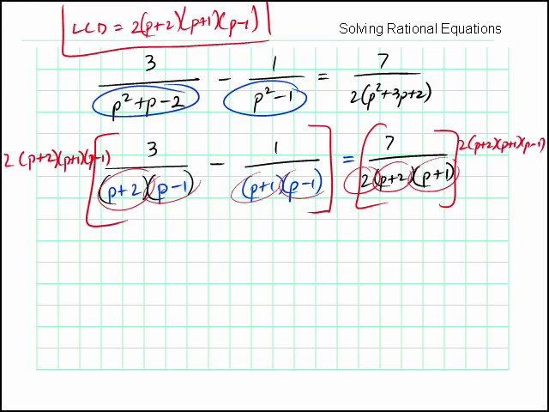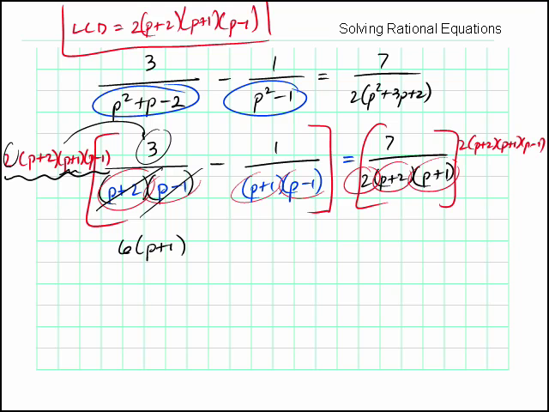Let's see what we have here when we distribute now. If I take this LCD and I multiply it to this fraction, the p plus 2, p minus 1 cancel away. That'll leave me with the 2, the 3, which is 6, and the p plus 1 is left.